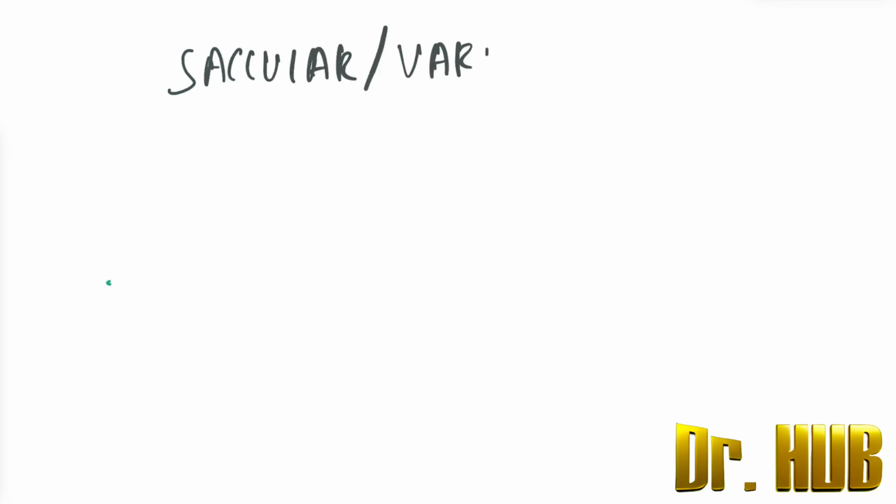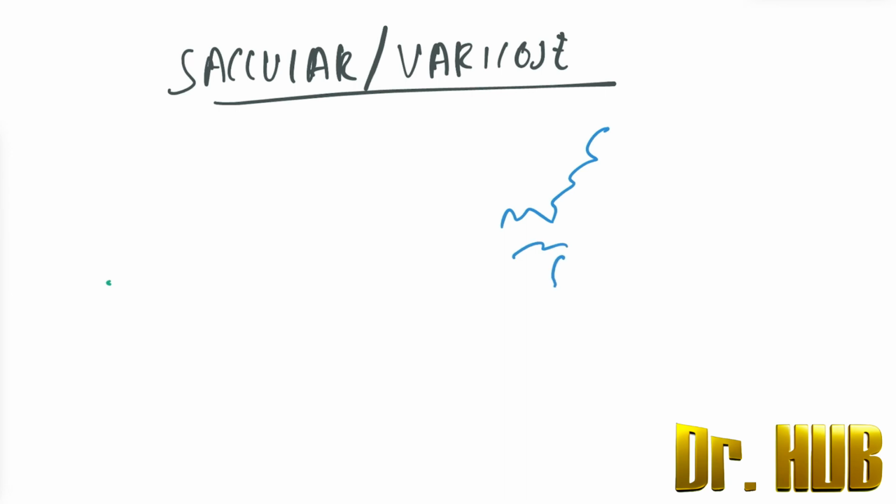This was about cylindrical. Now let's move on to the saccular, or varicose. If you look at the rough diagram, this is how it looks.